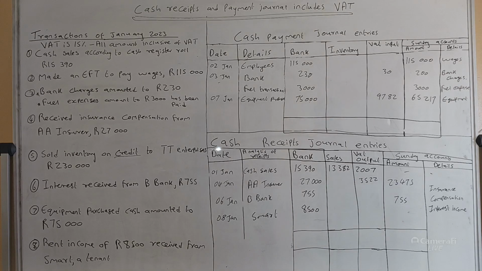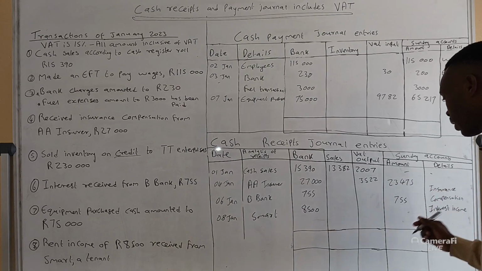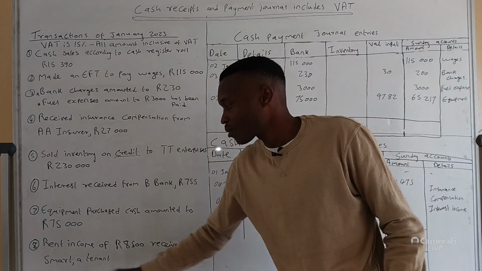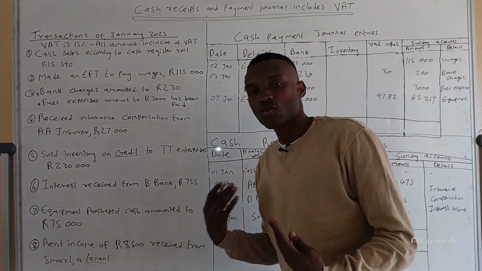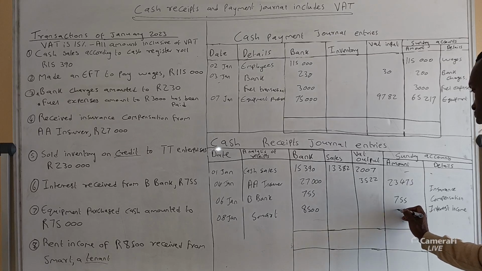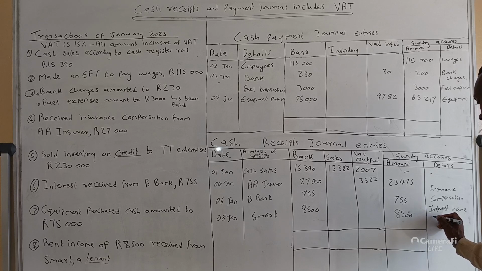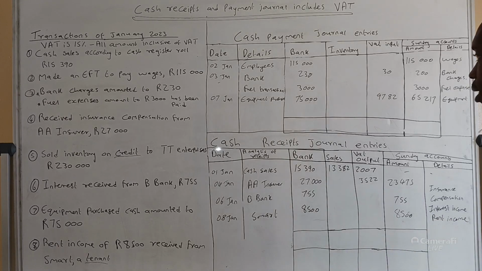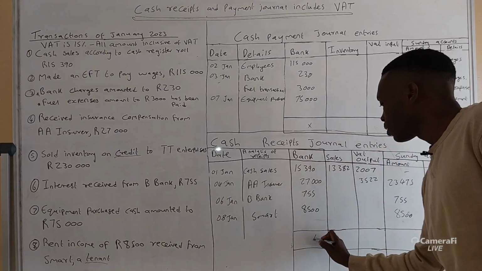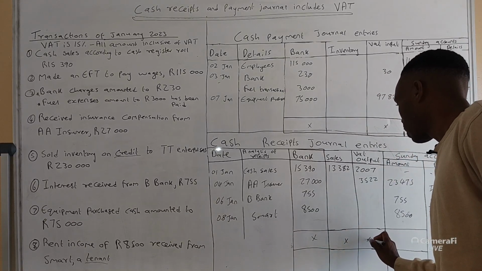No, rent income does not attract VAT unless it's commercial rent, but because this one is a tenant, there is no VAT that we have to calculate. Okay, which means that it's going to go as it is, 8,500, and we said rent income.